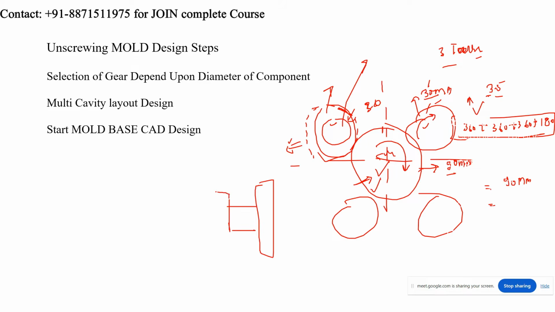This is the planet gear, and this is a pinion, and I'm using a rack. A rack and pinion mechanism I will use in order to rotate this center gear, and this center gear will rotate this planet gear, right?